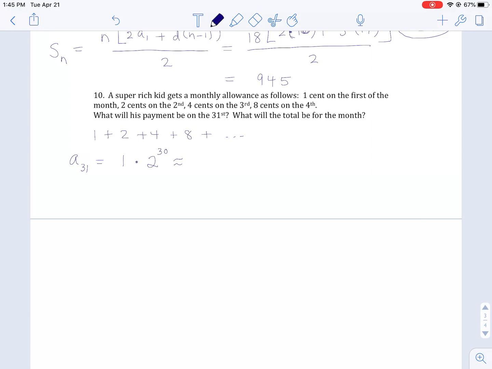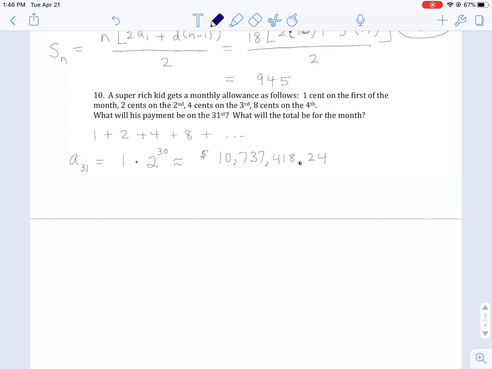I'm going to do this and then move the decimal point. It's 10,737,418 and 24 cents. So the number of pennies would be the decimal point 2 more to the right. So just a ridiculous number. That's just what he gets on the 31st day.